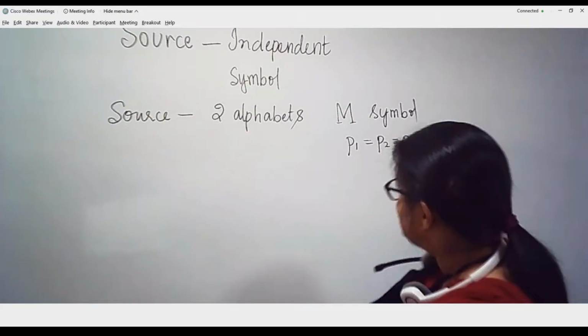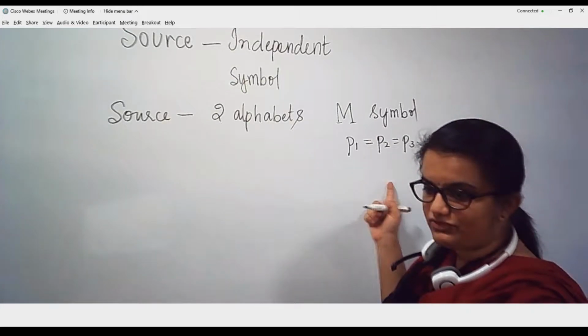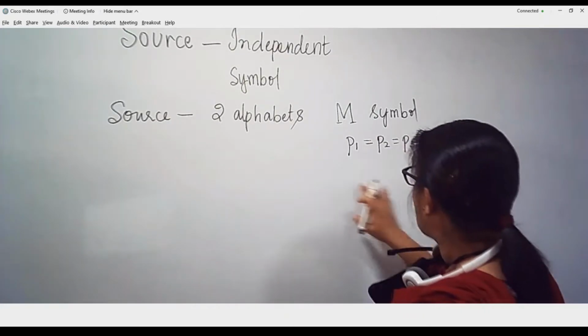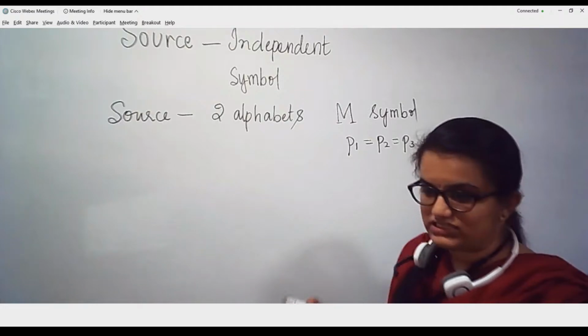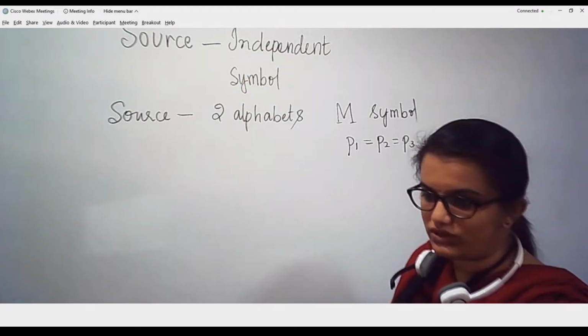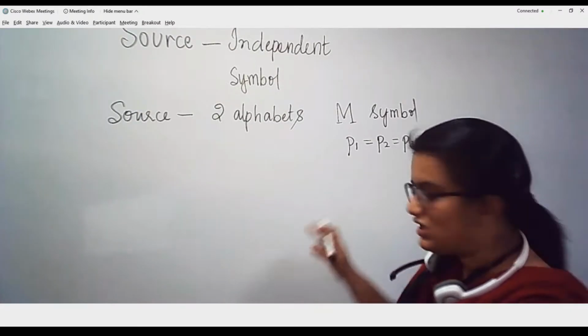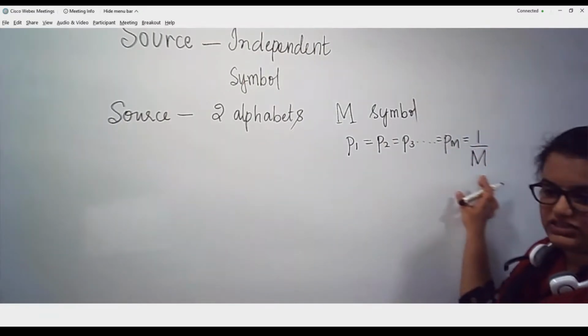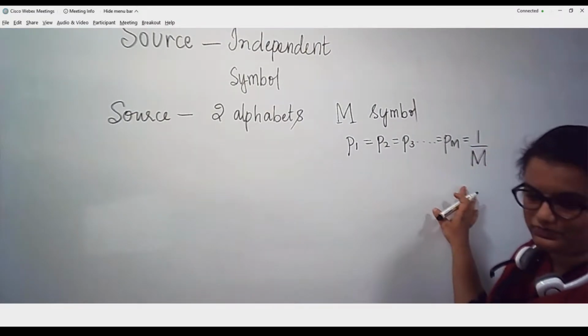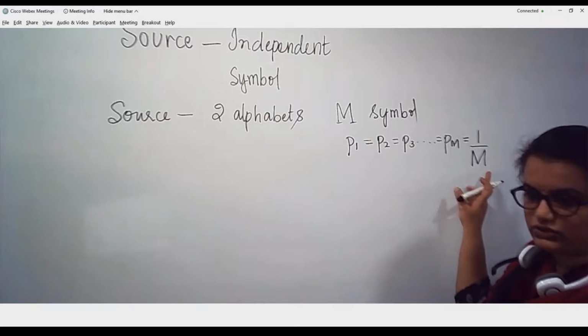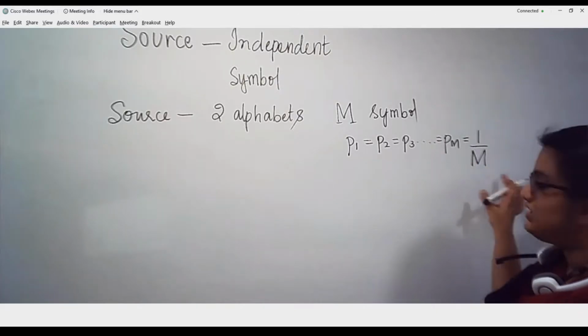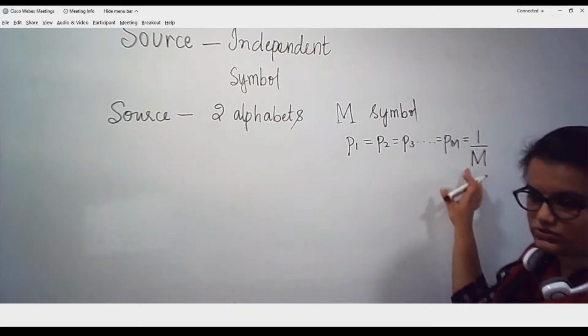So that is one case when I am representing only one memoryless system. In such cases, when all the symbols are statistically independent of each other, the occurrence of one will not depend on the occurrence of the other. All the probabilities of the symbols will be the same, equal to 1 by how many independent symbols are generated, which is 1 by m.